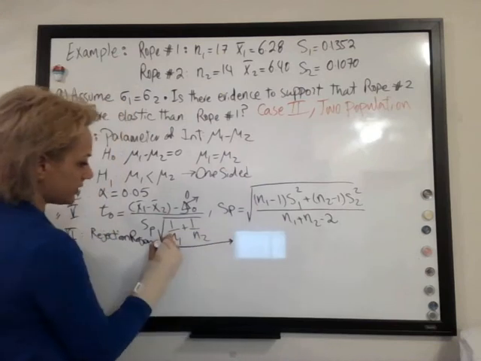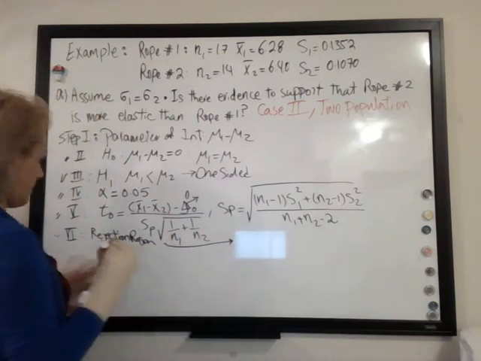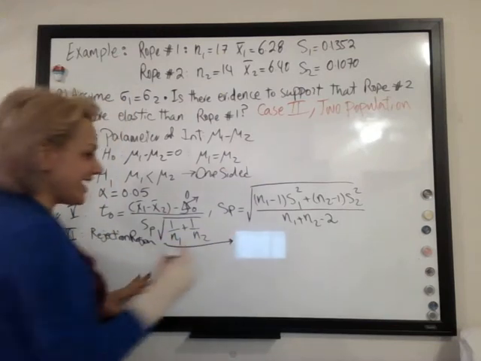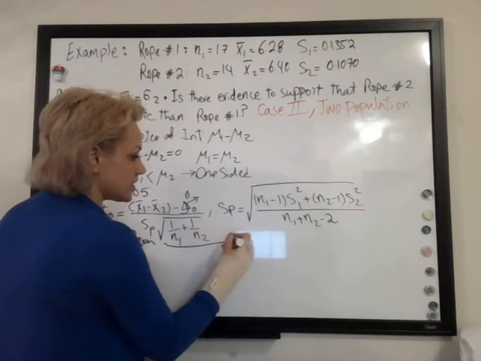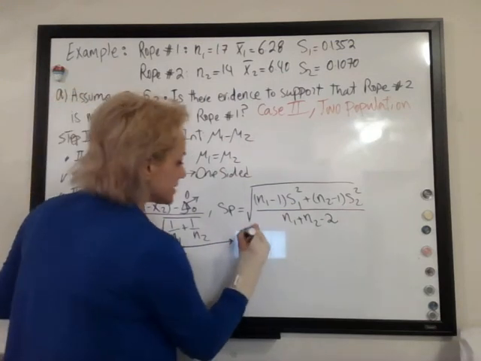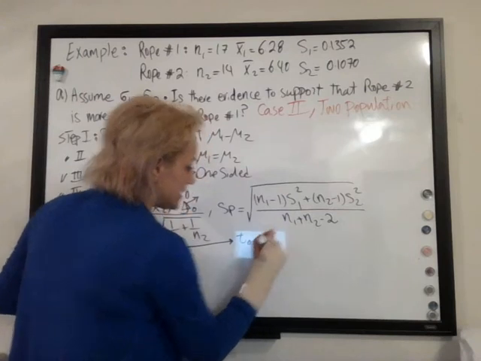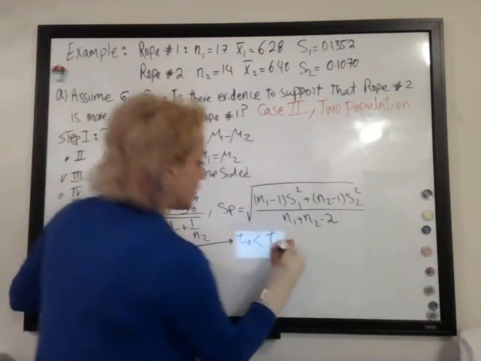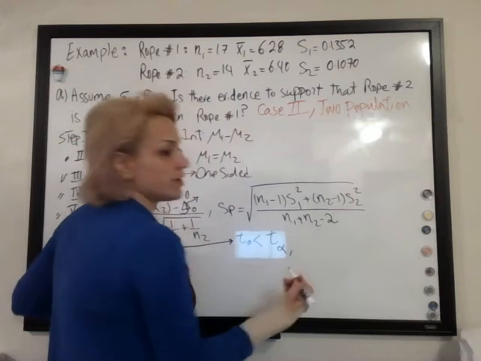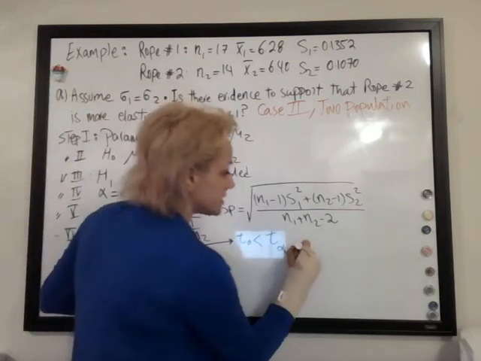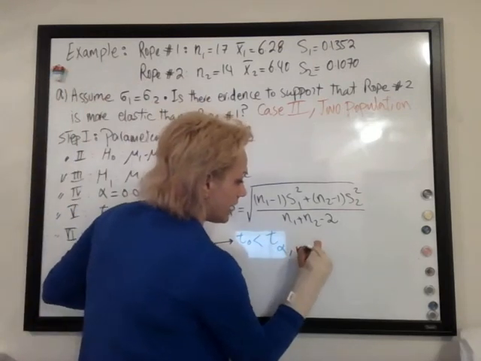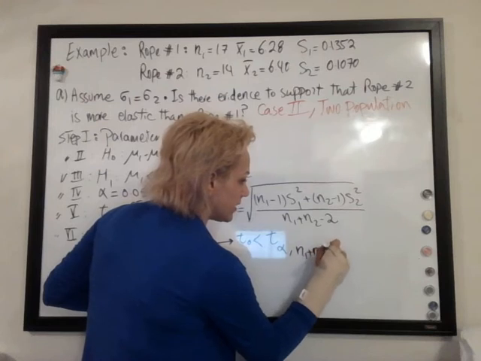I will continue writing down here because I want to use this area for my conclusion. So the rejection region: we reject the null hypothesis if our T null is less than minus T at alpha, it's one-sided, and the degrees of freedom. The degrees of freedom here is N1 plus N2 minus 2.